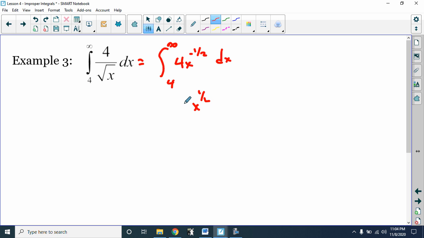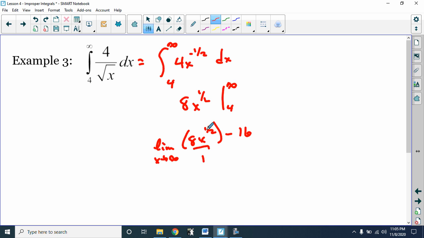Dividing by 1/2 is the same as multiplying times 2. Plugging in infinity. Plug in 4. The limit as x goes to infinity of 8 times square root of x.